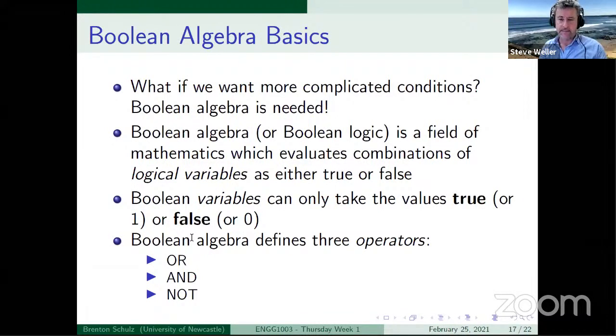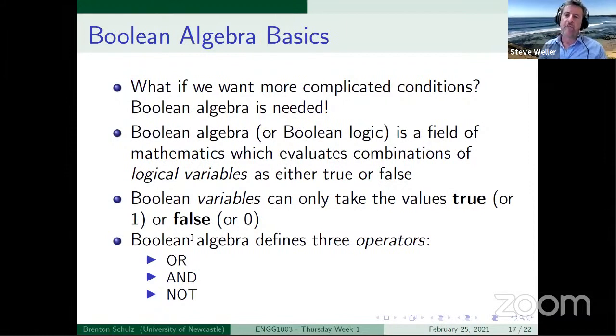Boolean Algebra is a framework. It's actually a field of mathematics, but let's just talk about it as a framework for capturing this idea of quantities that are either true or false, 0 or 1. If you think back to the start of today's lecture, when I did the live demonstration of PyCharm, I introduced a couple of variables, x and y.